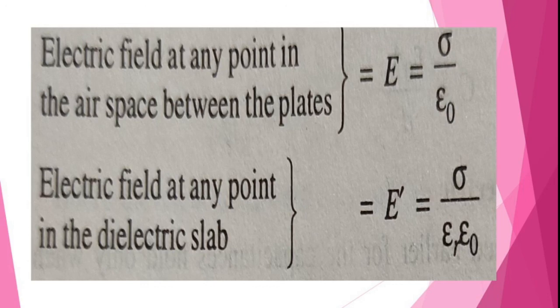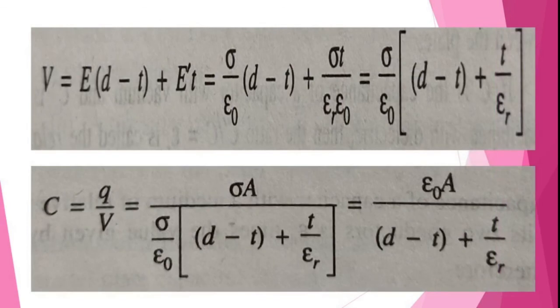So now we are going to find out V, the potential difference between the plates. We know that V is equal to E into d. In the case of the air medium, the electric field is E and the air is of length d minus t.